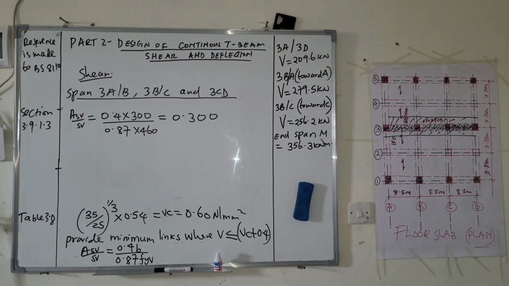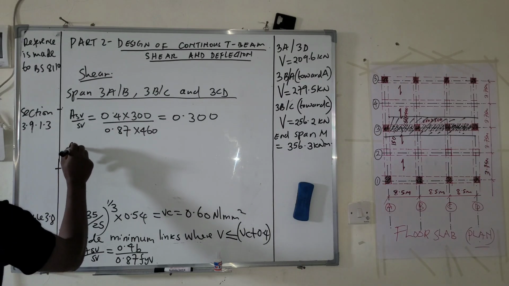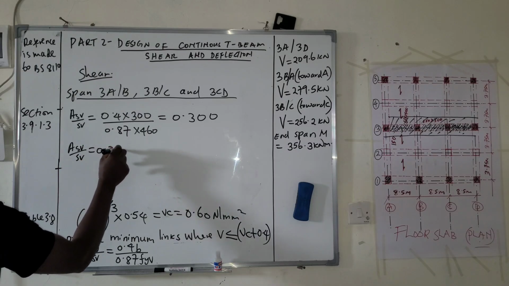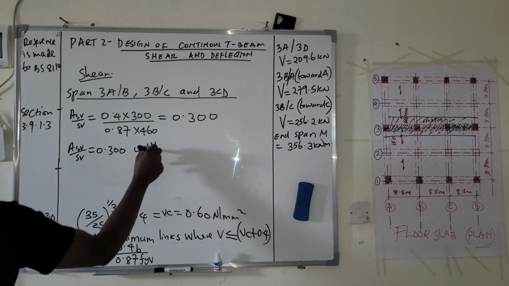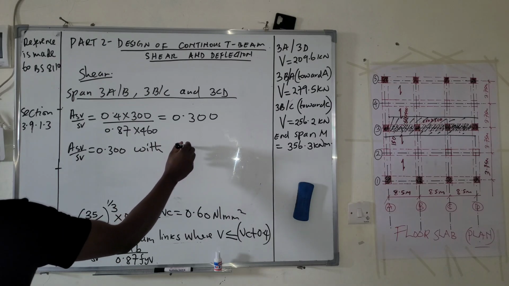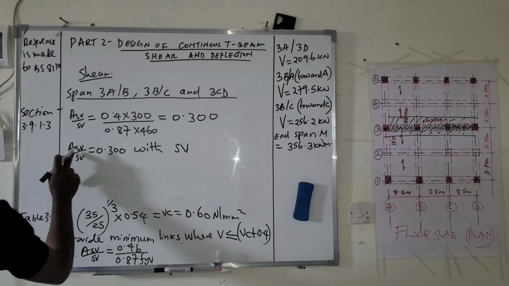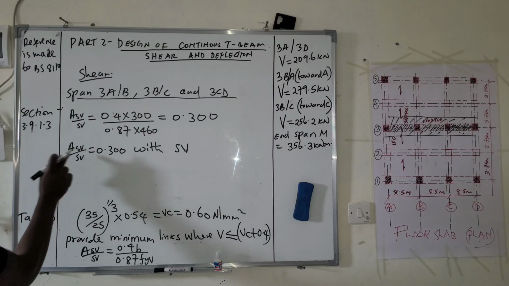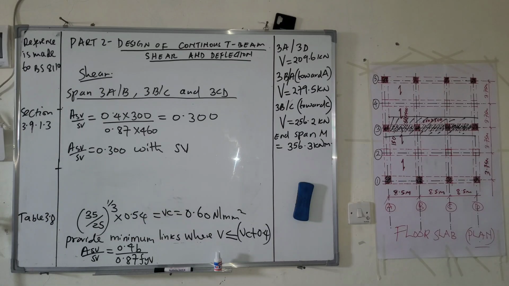So Asv over sv is equal to 0.300, with sv the spacing of the link, and Asv the area of the shear steel.